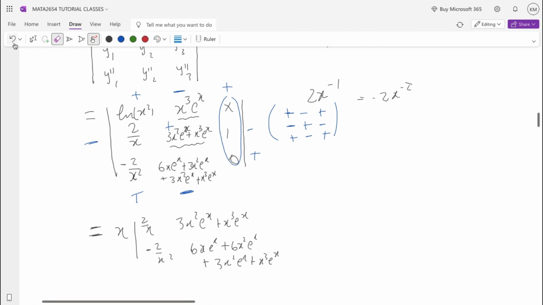Can't do that. You're supposed to be just plus x to the third e to the x. Remember, I took these two as like terms. They are just there, so I rewrote it twice. That was the mistake.